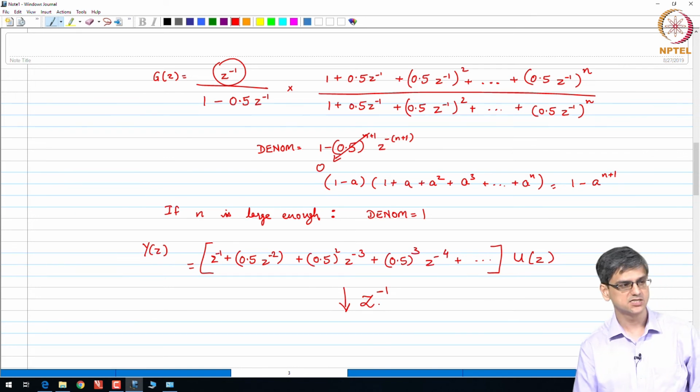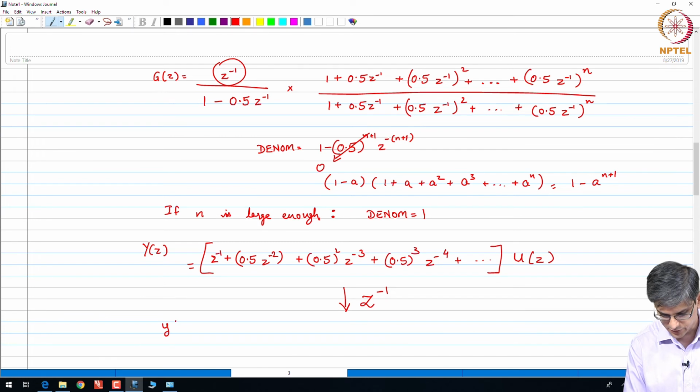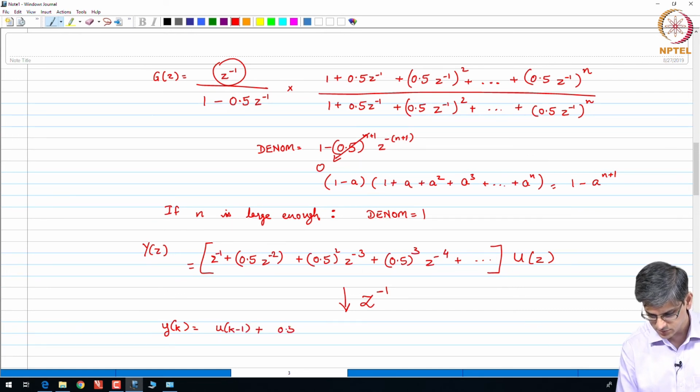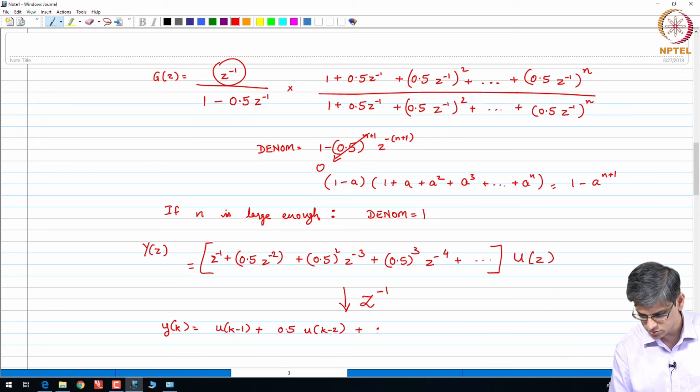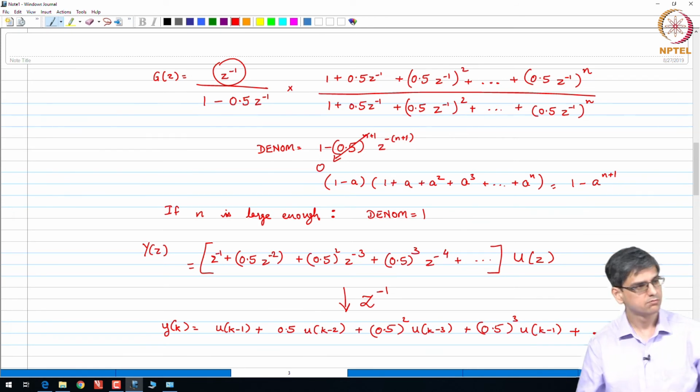Let us take inverse Z transform. What you are going to get? You are going to get y(k) is u(k minus 1) plus 0.5 u(k minus 2), right.